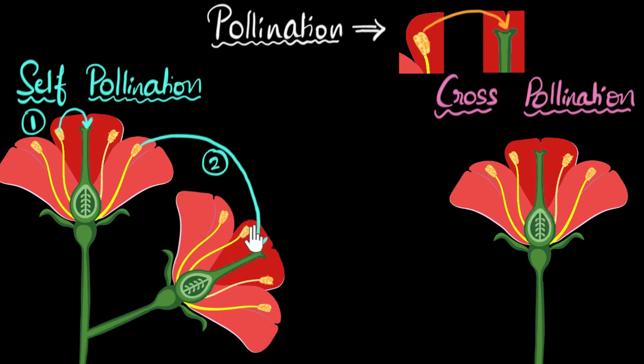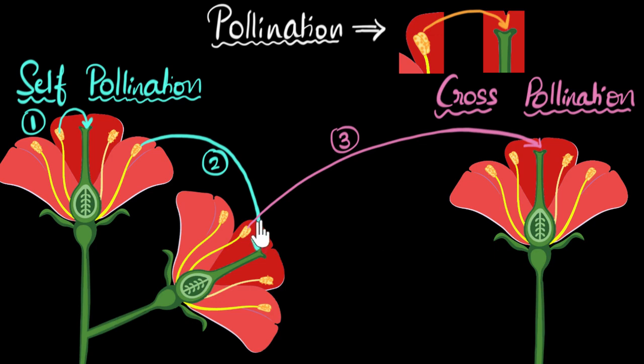So for example, if you have pollen grains from here going all the way to the stigma of a different flower altogether, belonging to a different tree, then that is what we call cross-pollination, across two different plants. Of course, same species, obviously, but two different plants altogether. So I'll call this number 3. This is in pink, so this is cross-pollination.